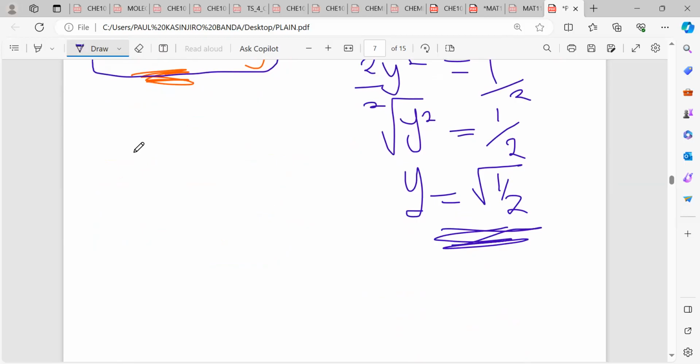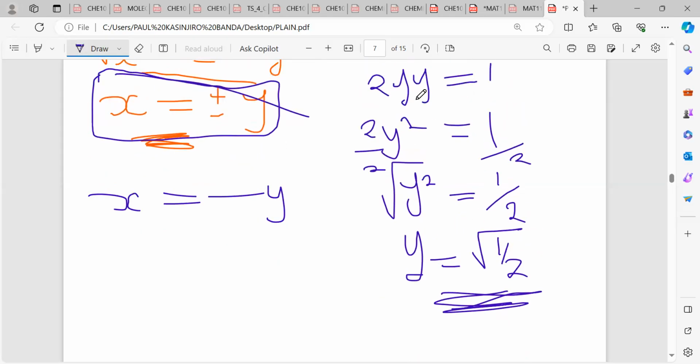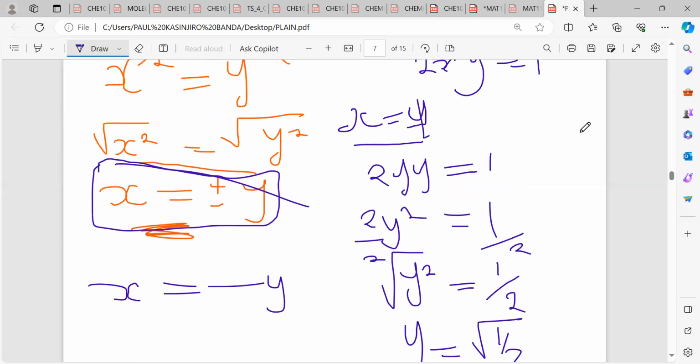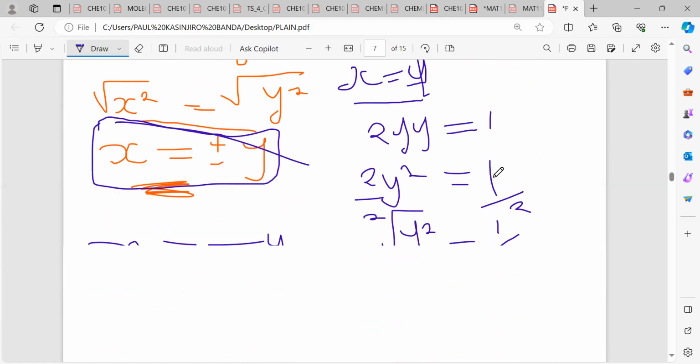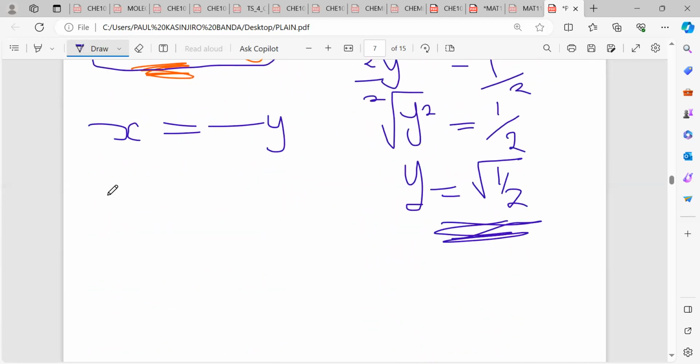So let's now try, what if x is equal to minus y? What are we going to find? So we follow the same procedure here. We substitute in this equation here. So what are we going to have? We're going to have 2, where that x is, we put a minus y, and we have another y, which is equal to 1.